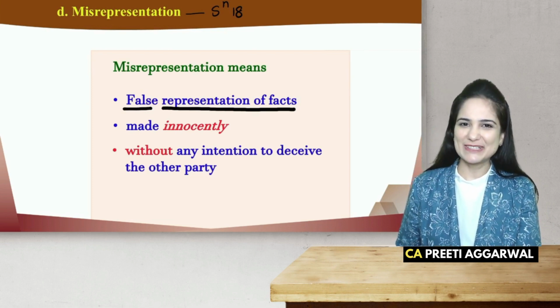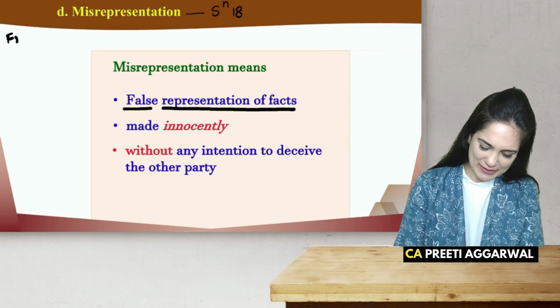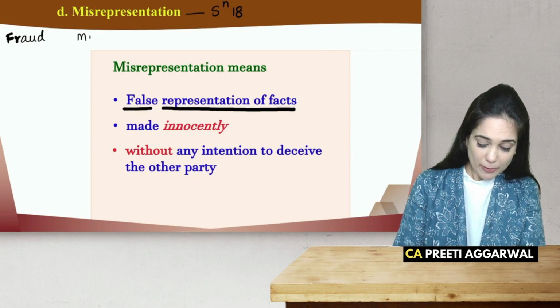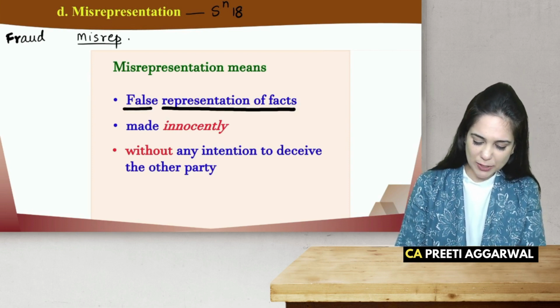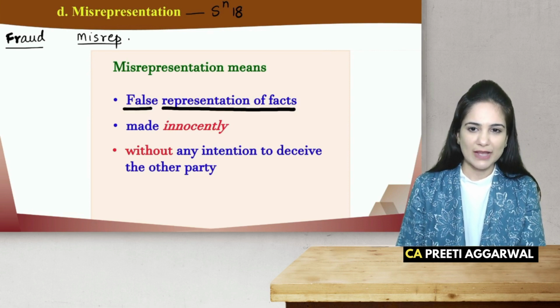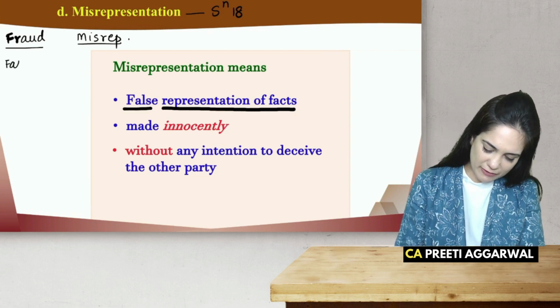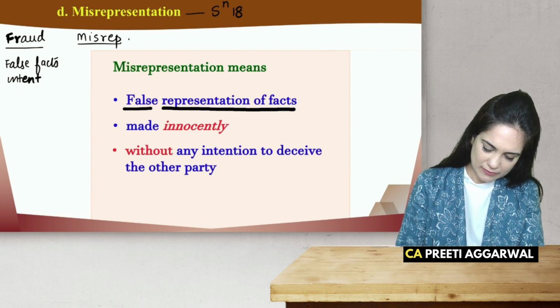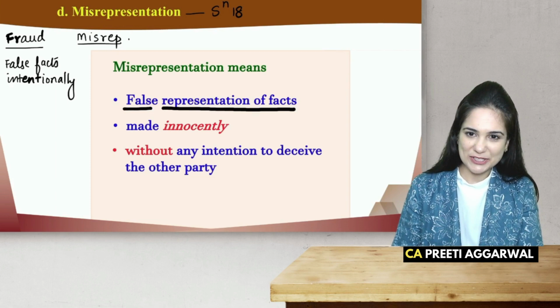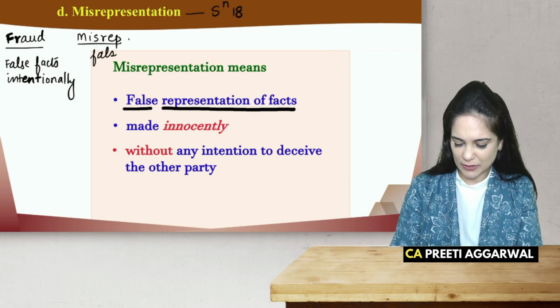Students, what is the difference between fraud and misrepresentation? Tell me. Both involve false representation of facts. Yes, but in case of fraud, we are giving false facts intentionally. Whereas in case of misrepresentation, I am giving the false facts innocently.